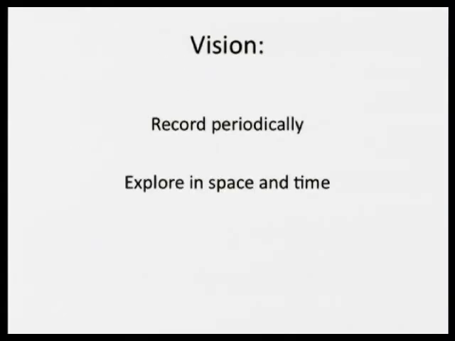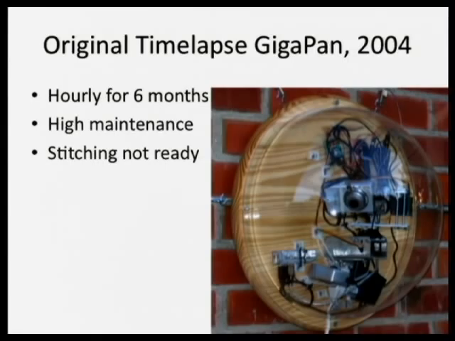So the idea of the time-lapse Gigapan, or the Gigapan time machine, is simply to record periodically and then be able to go explore in space and time. At that point, you've essentially built a time machine, with images at least. Back in 2004, we built a little machine on the back of my house.